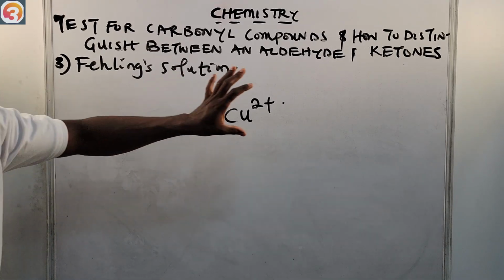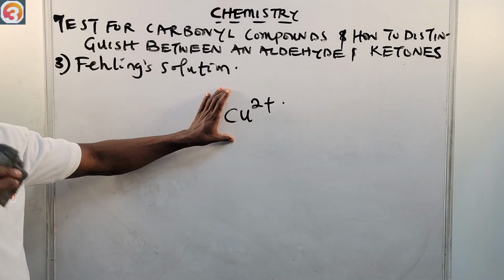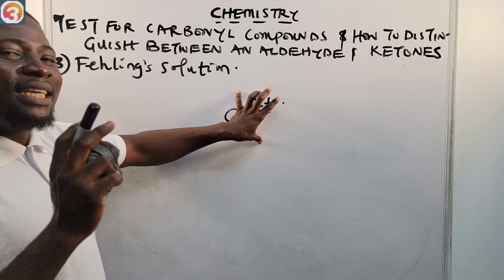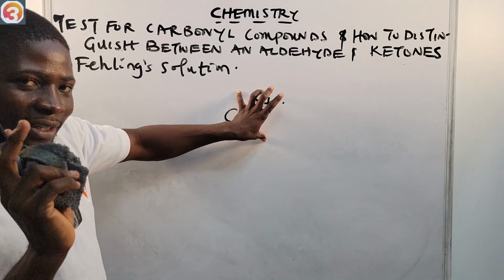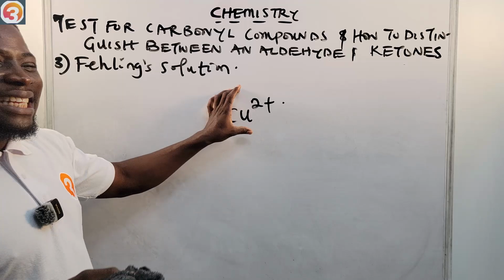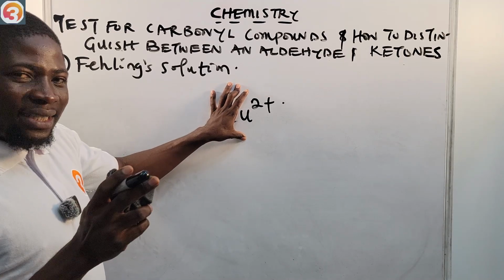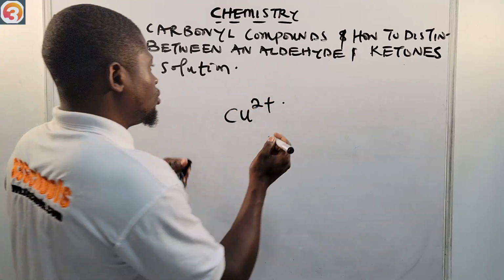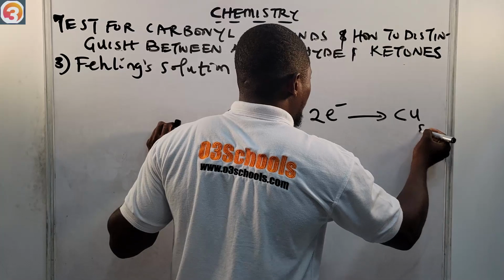So when an aldehyde is treated with Fehling's solution, the copper ion present in it is reduced to solid copper. Plus 2 electrons will give us copper solid.